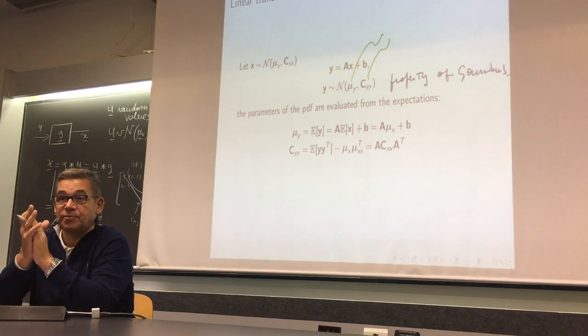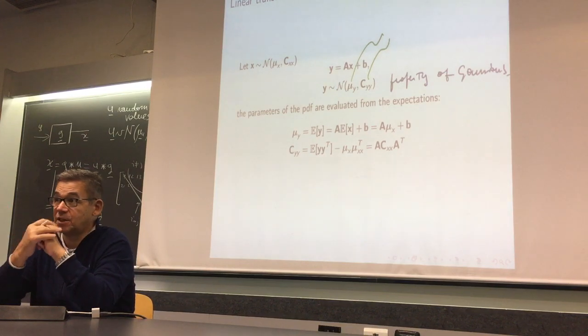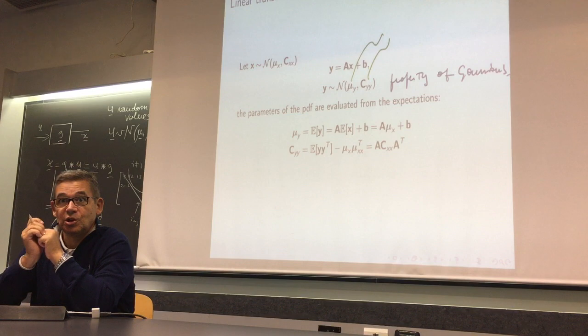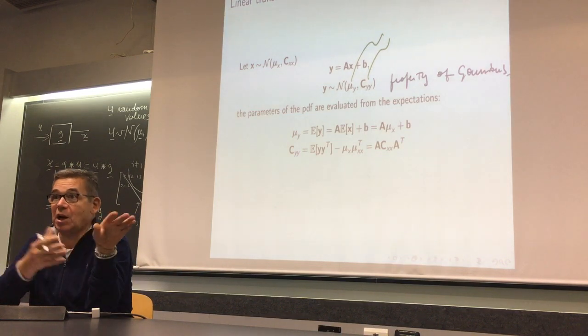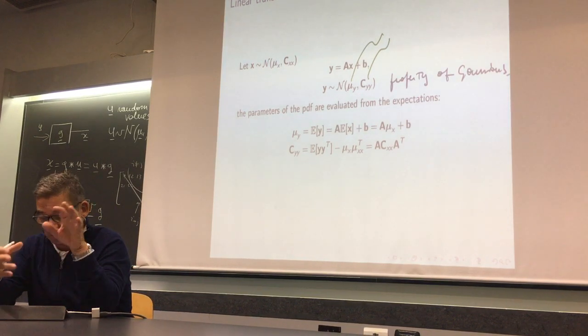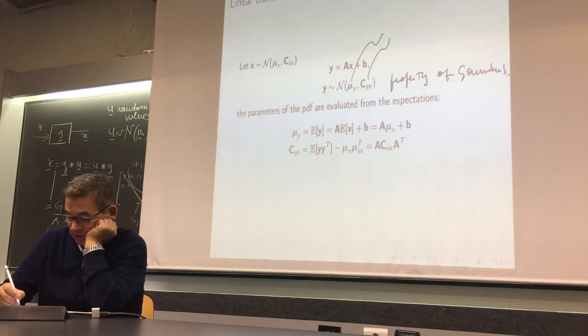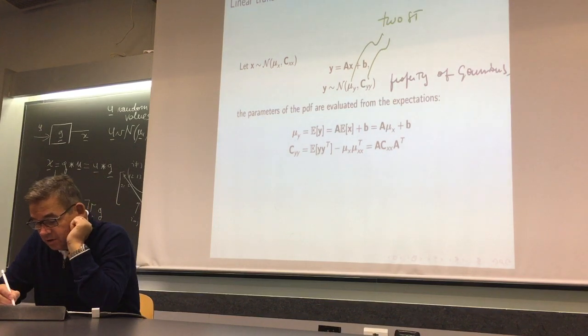You have everything. If it is a non-Gaussian distribution, then it's real trouble. Sometimes you try to reduce a non-Gaussian distribution into a Gaussian one because Gaussian is so convenient. And we will see in a while. So these are only the two.